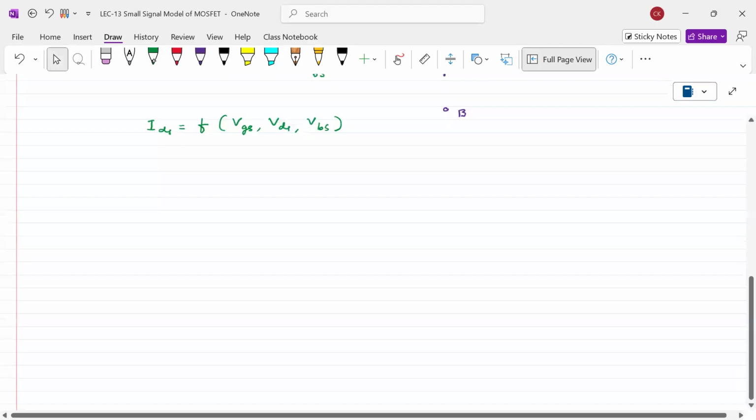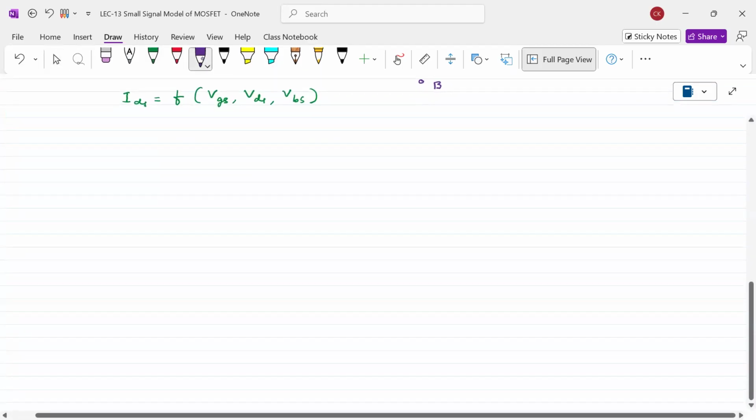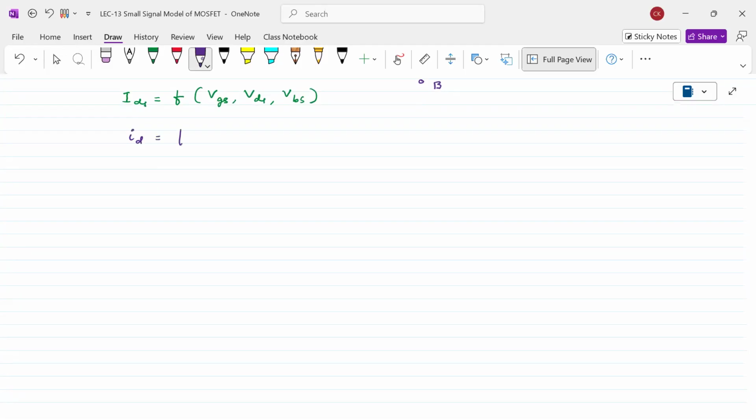So I can write it this way also: small id is a function of the changes in VGS, the changes in VDS, and the change in the body to source voltage. Agreed?